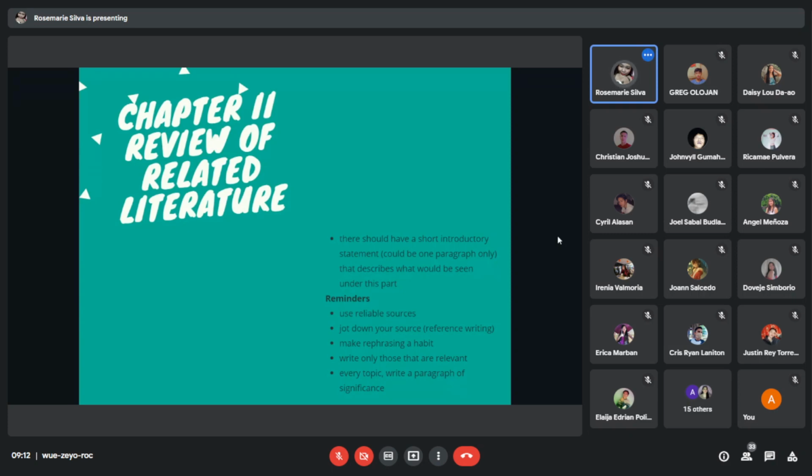Always make sure that the moment you get a source from the internet, you write it down. This is the problem of students: they find a source on the internet, copy-paste, copy-paste, copy-paste, and they forget to write down the reference. Then when the research paper is due, they try to remember where they got it, and all they have is a link. That is the most common mistake of students. Do not do that.